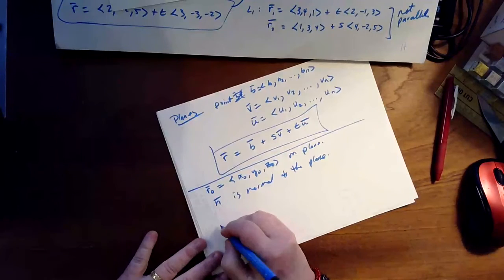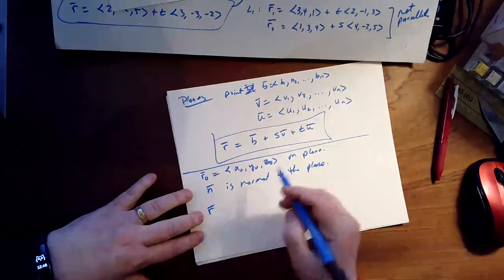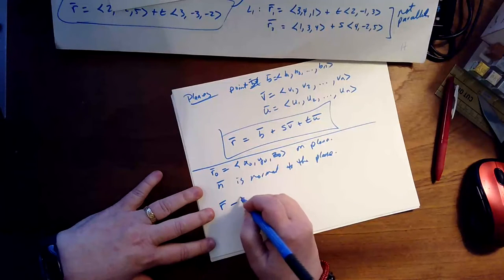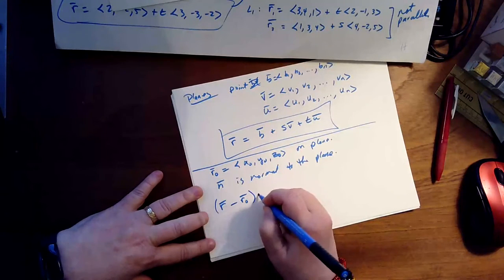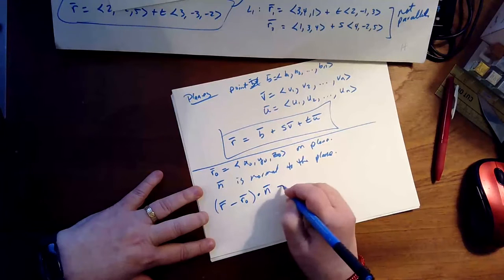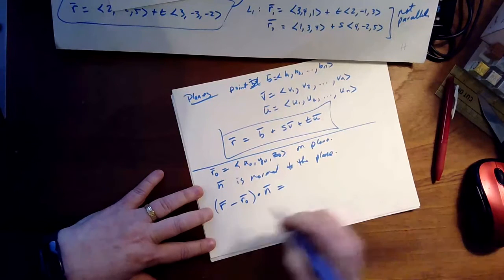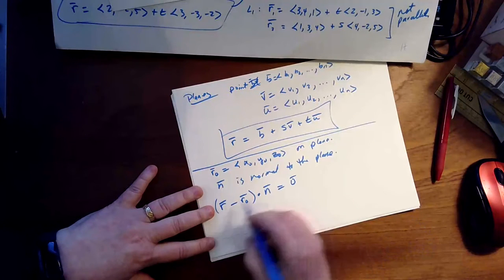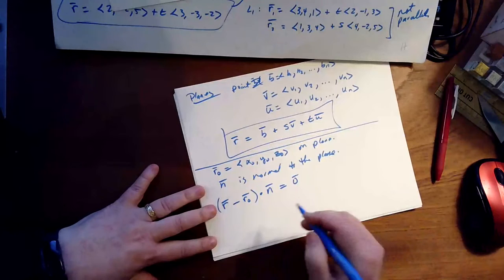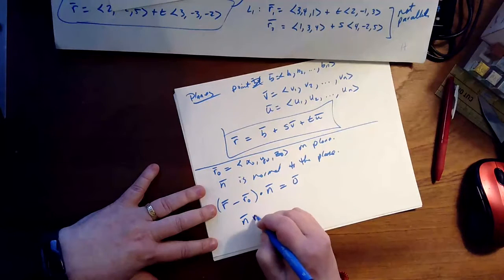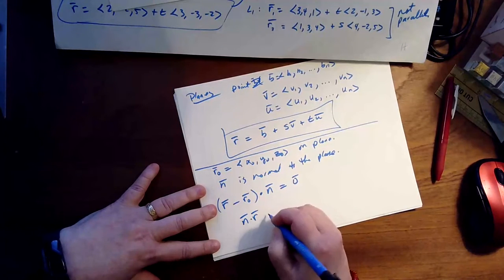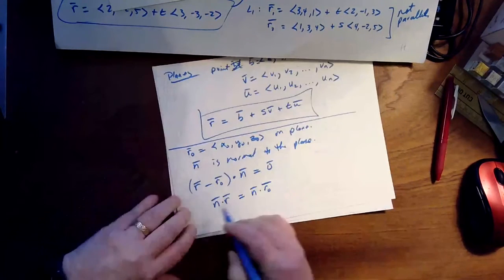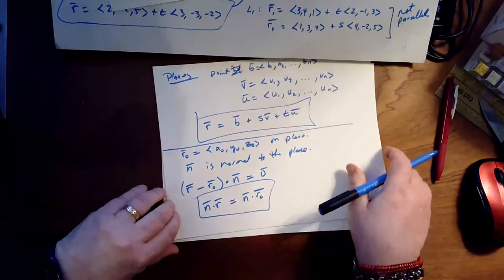And if I let R, so all R that satisfy this, make up our plane, I know that R minus R naught dotted with N, the normal, well, it's perpendicular. It's a vector on the plane, it's perpendicular, it has to equal 0. I can distribute the dot product, so I have n dot R must equal n dot R naught. So this gives me an equation for the plane.